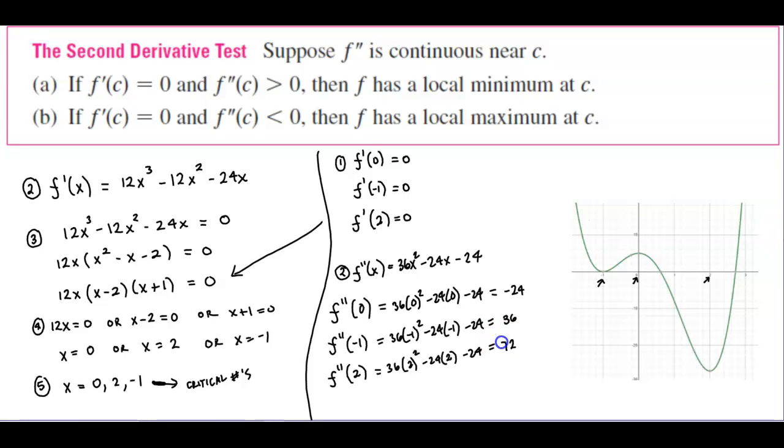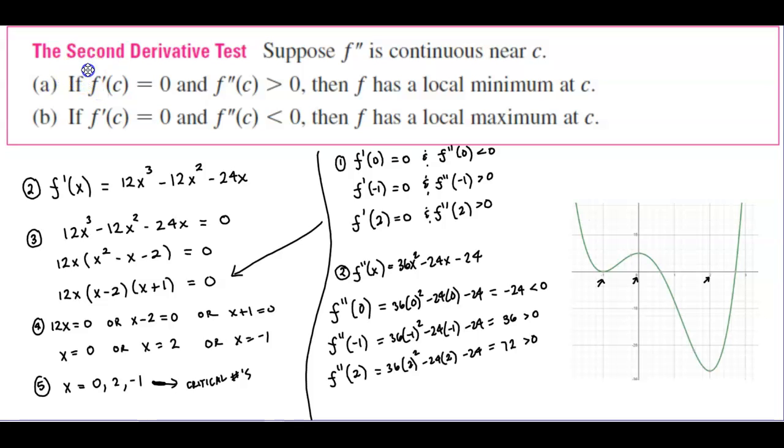And that gives us 72. So we can see that this is less than 0, this is greater than 0, and this is greater than 0. So we can then say that f double prime of 0 is less than 0. And here we can say that f double prime of -1 is greater than 0. And f double prime of 2 is greater than 0.